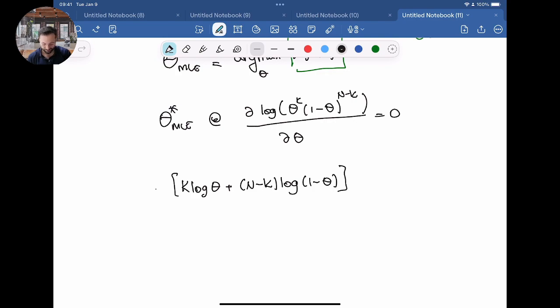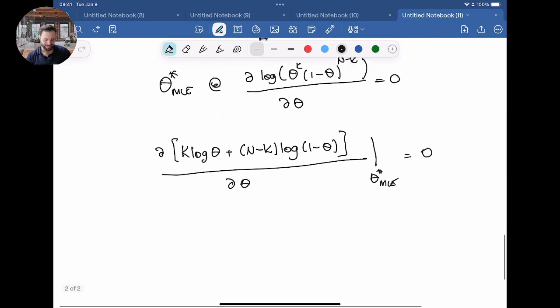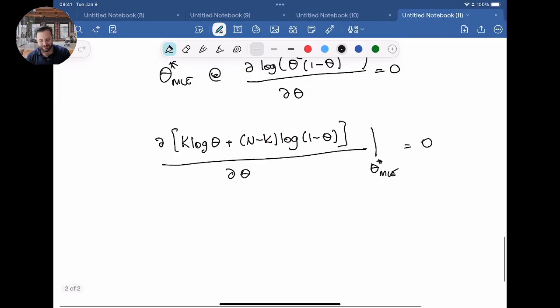And I would like to find d over d theta evaluated at some theta star MLE. That's going to be equal to 0. Well, it looks a little bit more crowded than before, but you see how I went. I just took the log, right? Now let's go ahead and take the derivative, shall we? The derivative of log theta is 1 over theta.